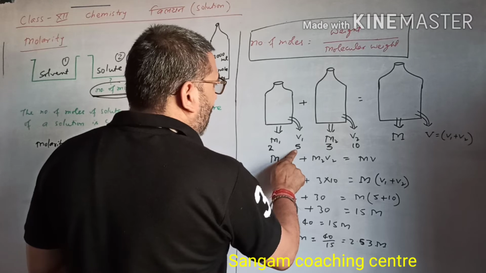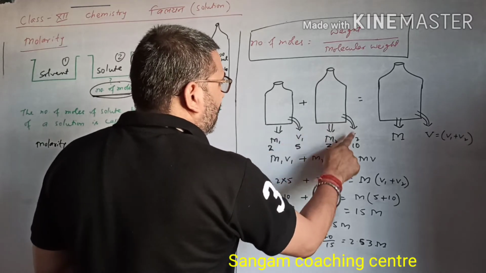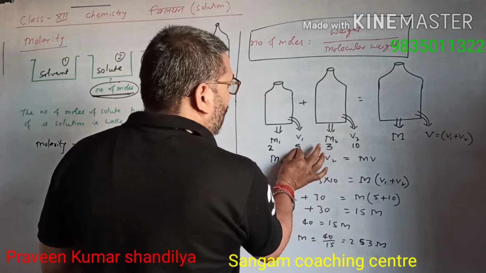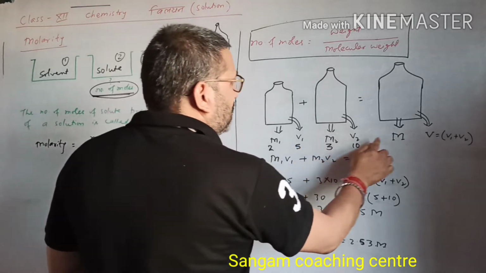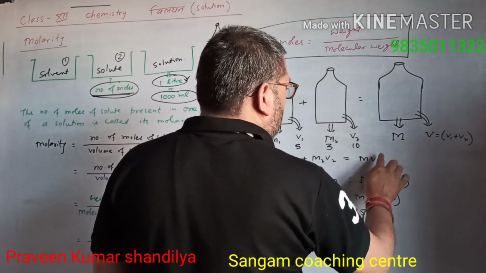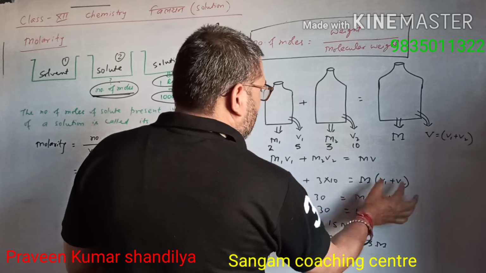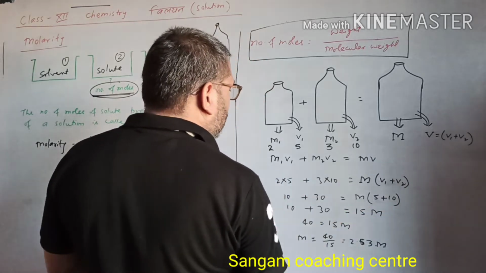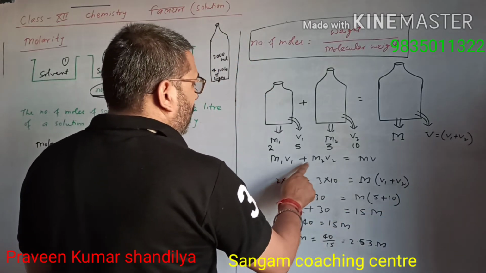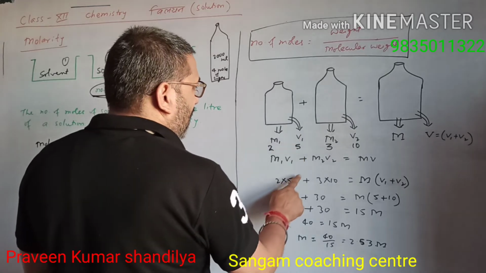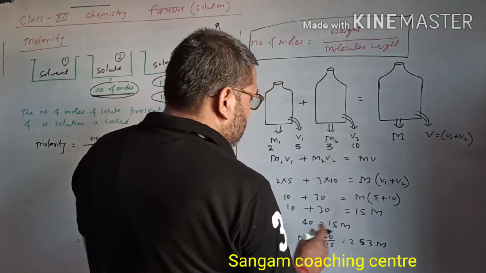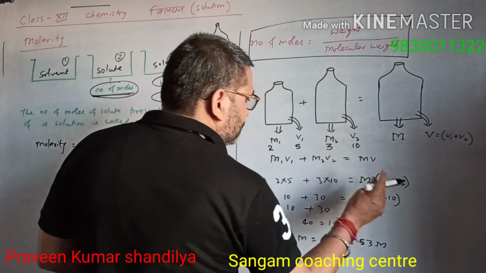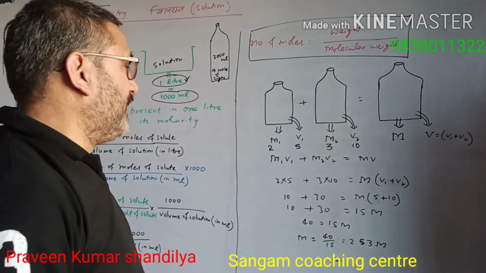Volume here is 5 and here is 10, so what will be the volume? 10 plus 5, that means 15 liter. It is V1 plus V2. M1 V1, M1 is 2, V1 is 5, M2 is 3. Thus we can calculate. Is it easy?